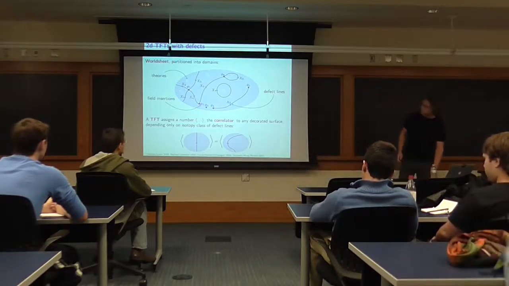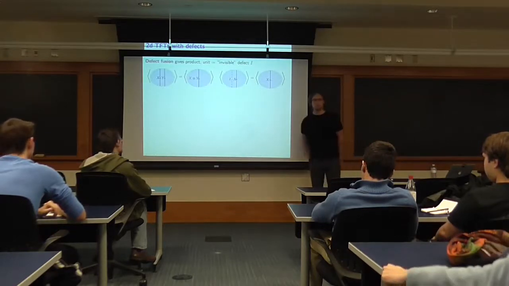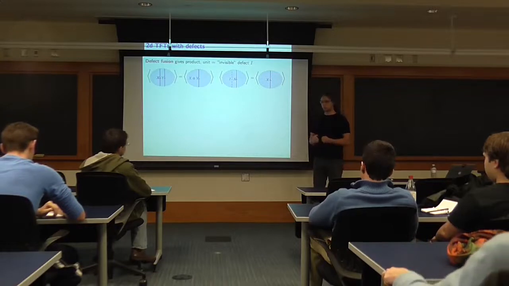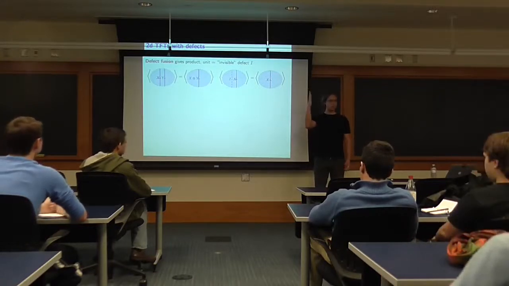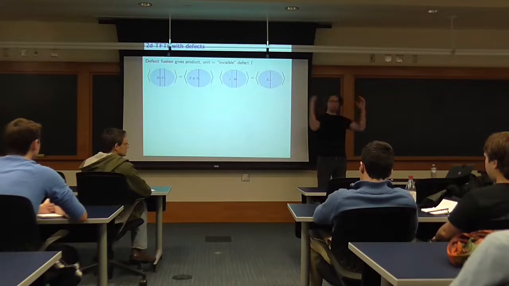Okay, if we're in this situation, there's a few immediate algebraic things that you can extract out of this, namely certain products. So I said that so often my arm will be a defect line, there will be a theory here and a theory there, but there can also be another defect with a third theory over here.